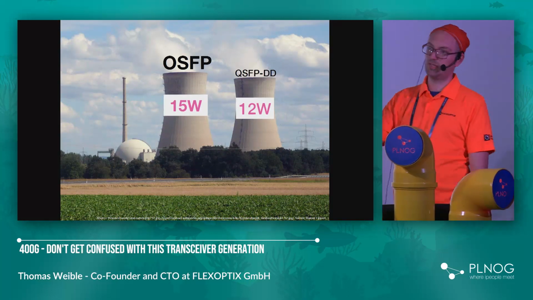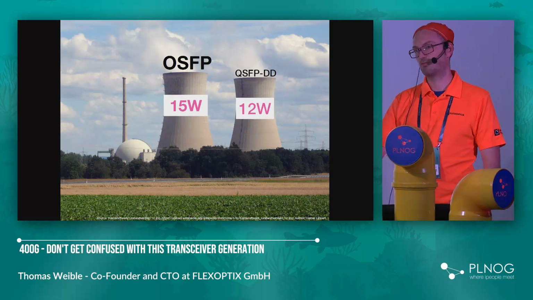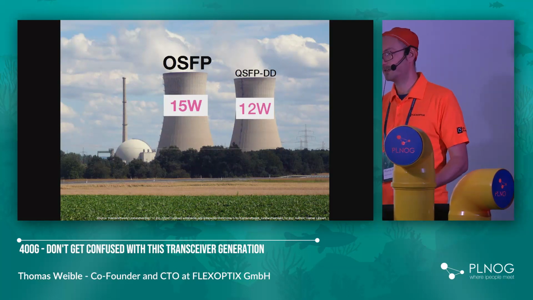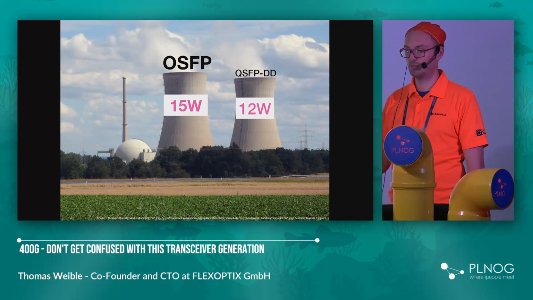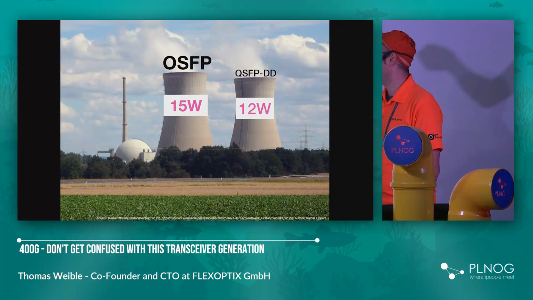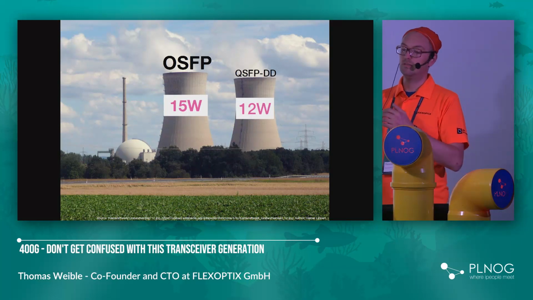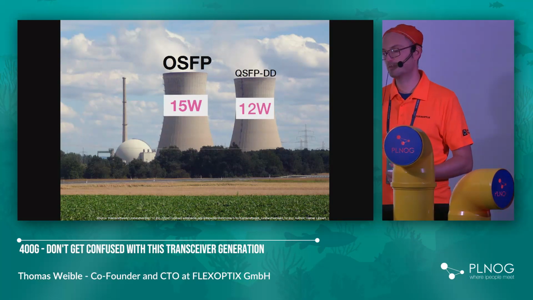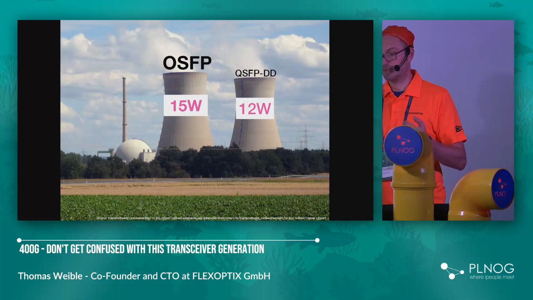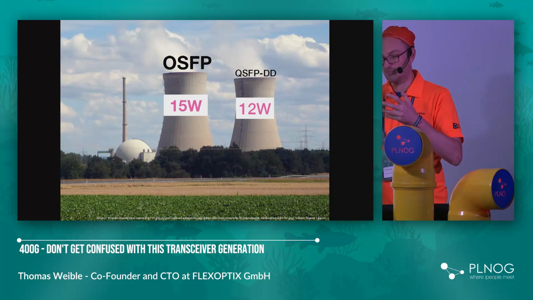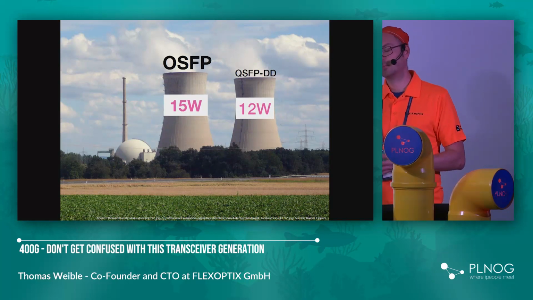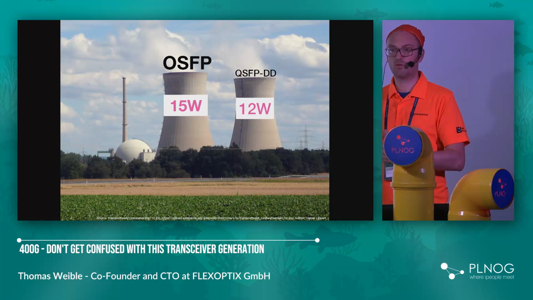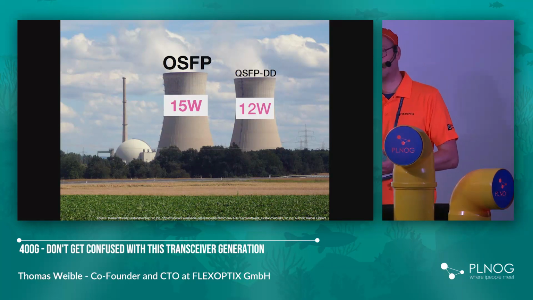So now you have to feed in 1 kilowatt, great, but you have to get rid of that 1 kilowatt in terms of heat dissipation. And that's one big lesson learned for the OSFP and also for the QSFP-DD: the manufacturers agreed, okay, we have to increase the amount of power we can feed into such a transceiver, because we have seen issues with the 100 gigabit QSFP-28, for example, because not all kinds of technologies were able to be built in there.